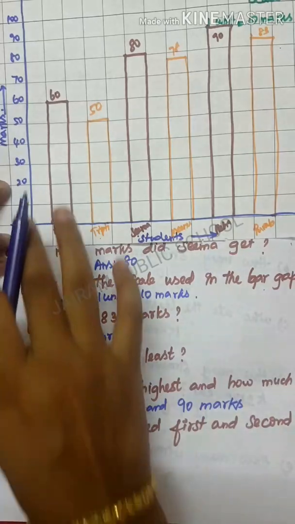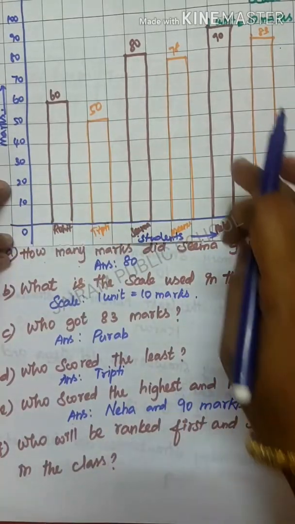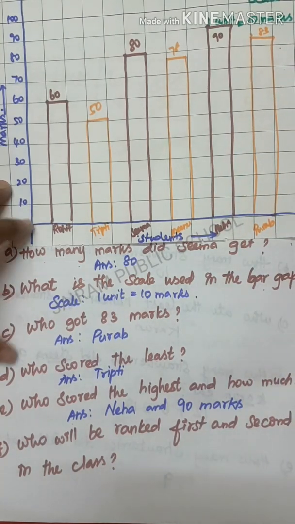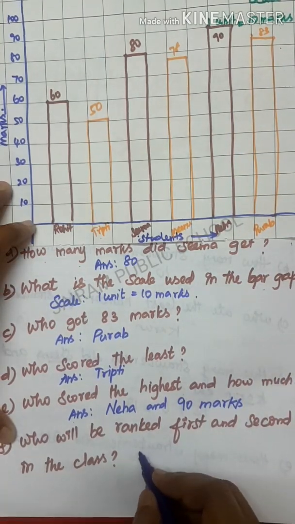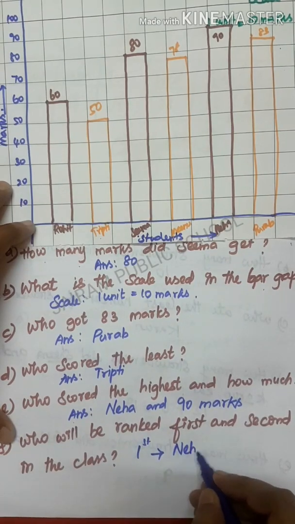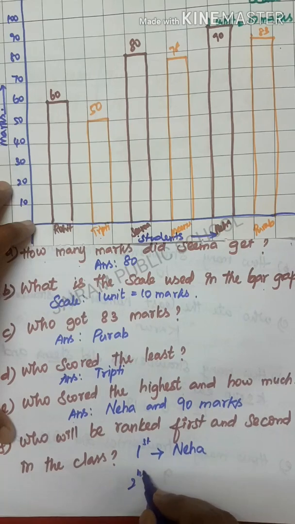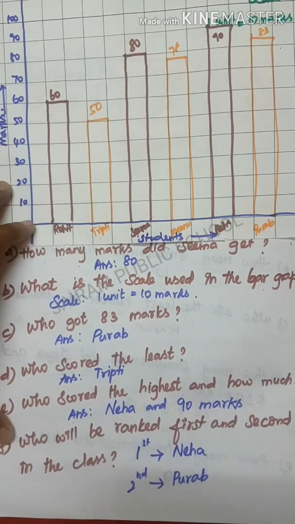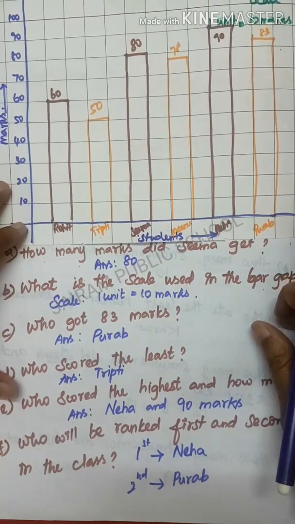This is 78. This is 60. This is 50. So first we found the highest one, that is 90. And Purab got 83. So, that is the second one. So, first rank goes to Neha and second to Purab. Yes, we answered all the questions.